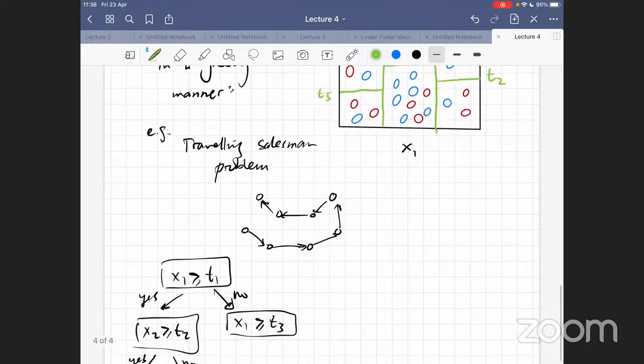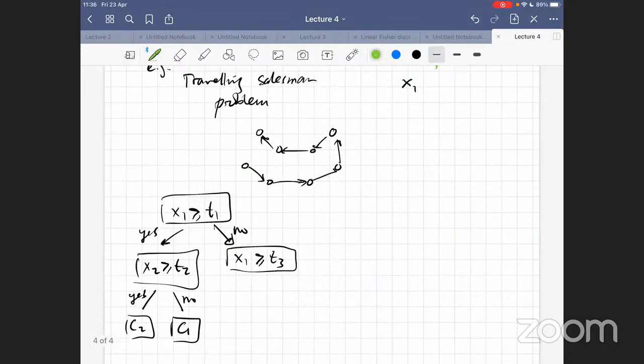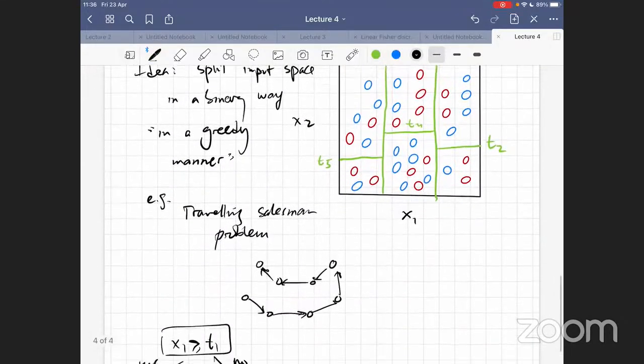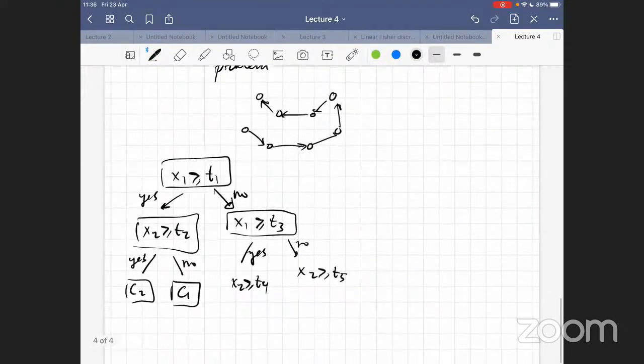So this part of the tree is going to be a bit larger according to my criterion. If yes, then I have split this in T4. If not, then the same variable x2 in T5. T4 and T5 are splittings of the second variable.